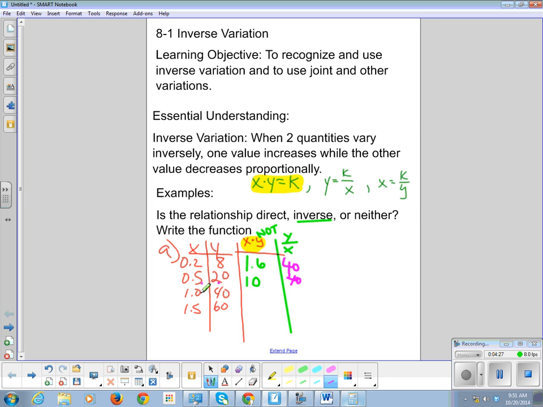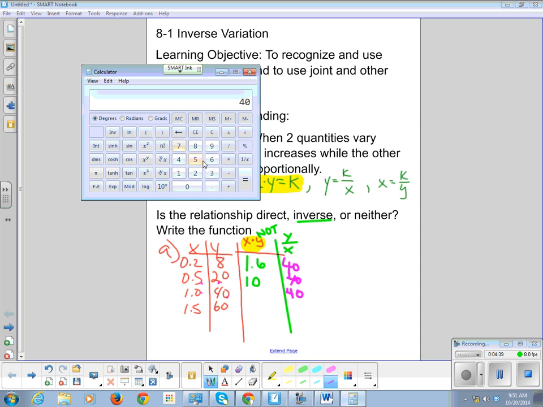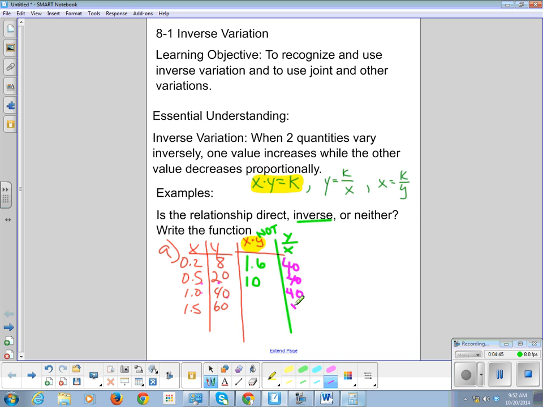I'm going to take 40 divided by 1. Thank goodness I don't need a calculator for that. And then 60 divided by 1.5, my fingers are crossed that is going to be equal to 40. Yay! So in this case, we are a direct variation.